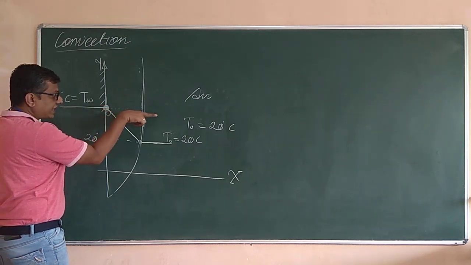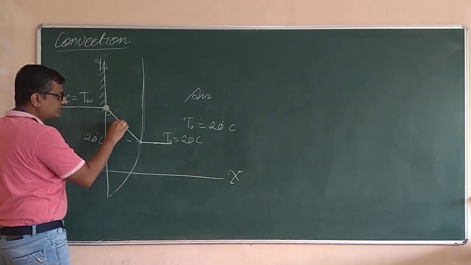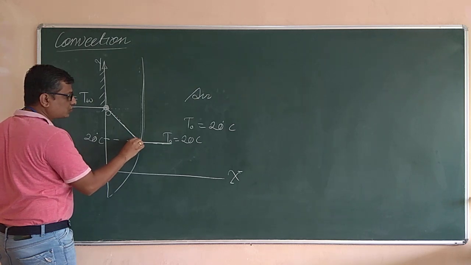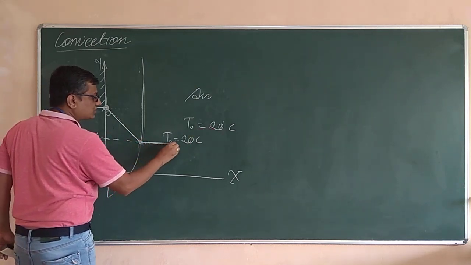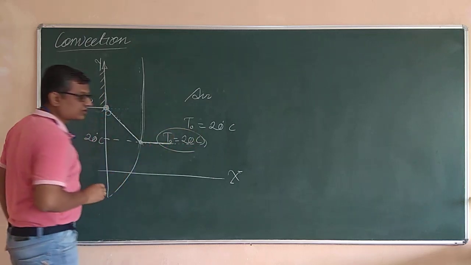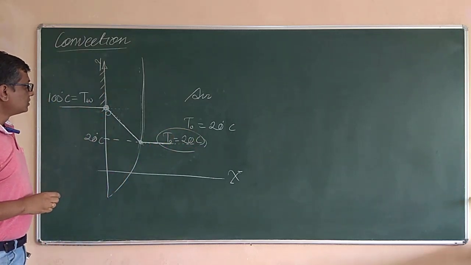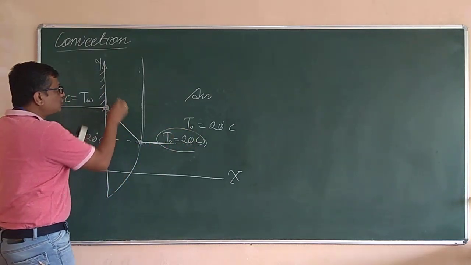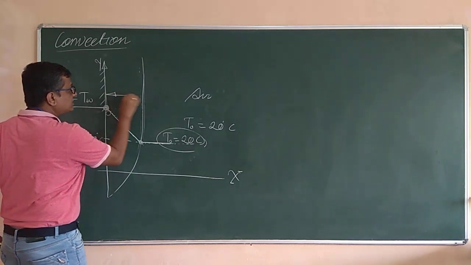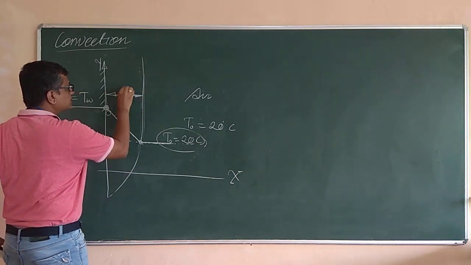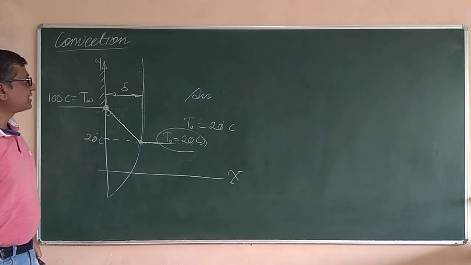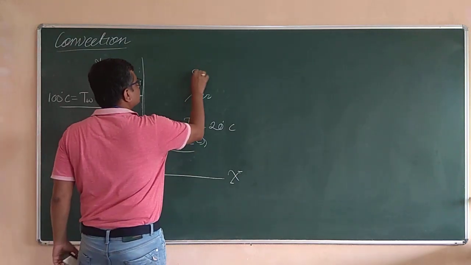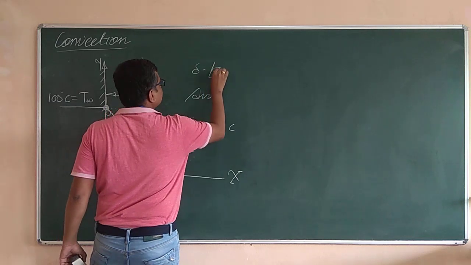If I go in the x direction, the temperature decreases. Somewhere here it is close to 20, and beyond that distance the temperature is almost constant, equal to the temperature of the atmospheric air. The region up to where the temperature variation exists, I am going to call delta. That delta is known as the film thickness.